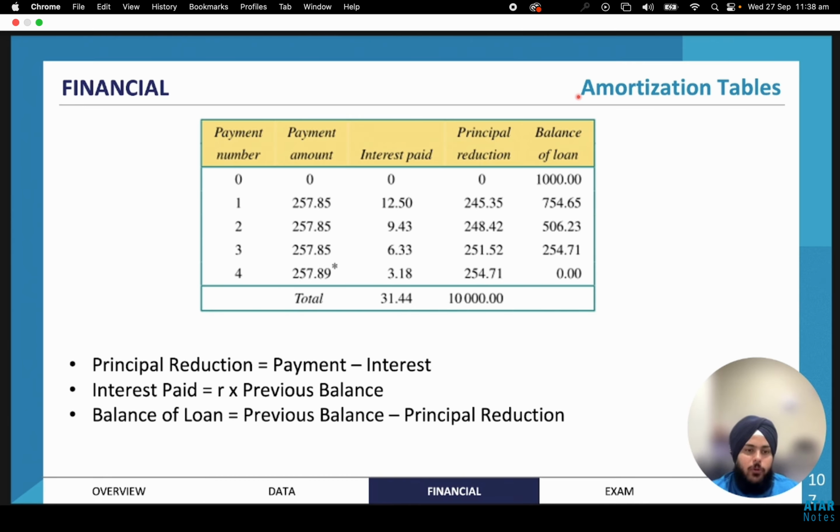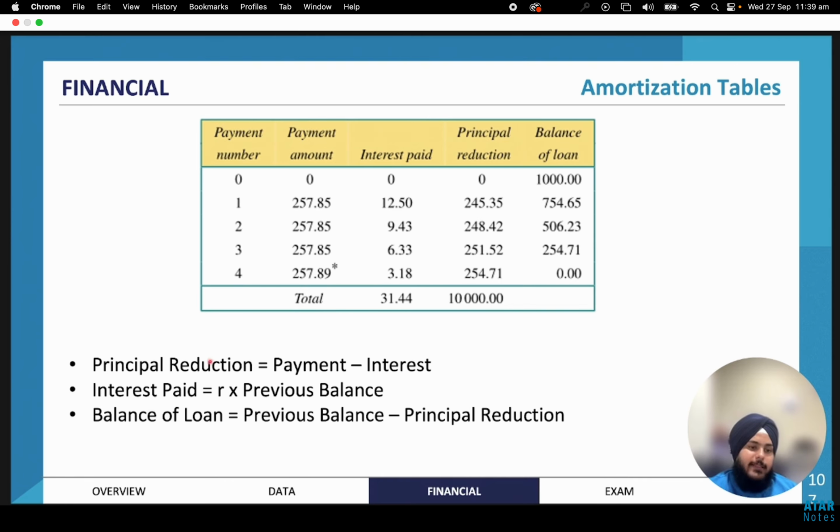It tells you your payment number, your payment amount, your interest paid, so how much of your payment is actually going towards interest, and your principal reduction. So if it's a loan, how much of what you're paying is actually reducing the principal value. And then lastly, the balance of the loan. How much is your balance decreasing overall? This is just a really good visual tool to represent that, as opposed to doing calculations every single time.